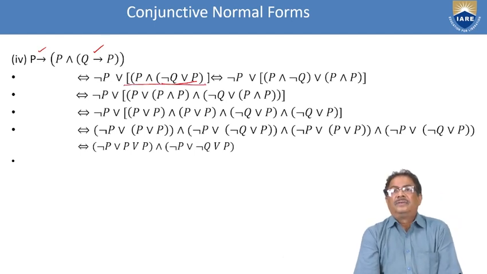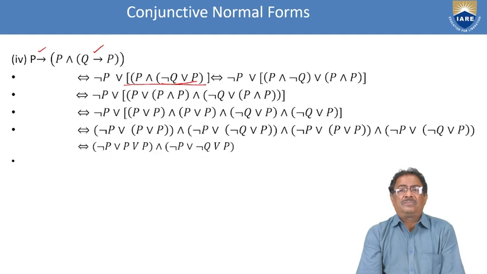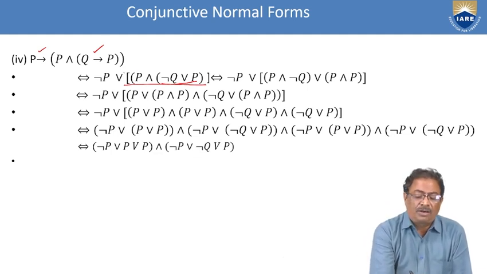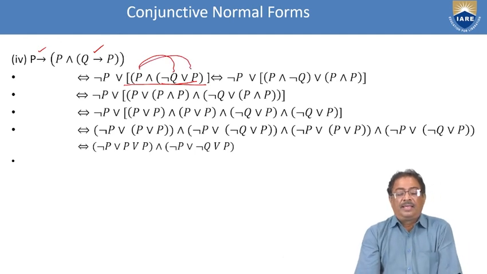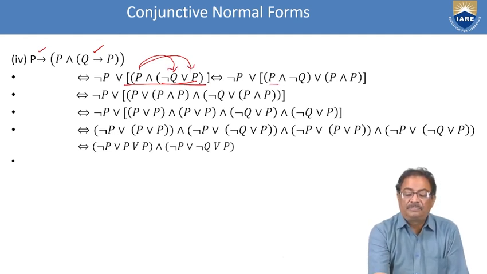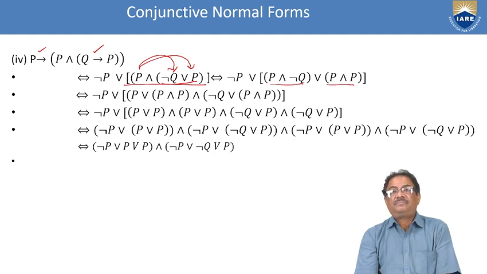Now negation P, then we are going to simplify that by applying the distributive property. So first of all, P and Q, then P and P. Apply it like this, then we are going to get these two results.